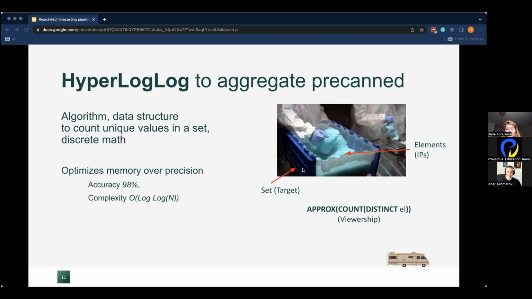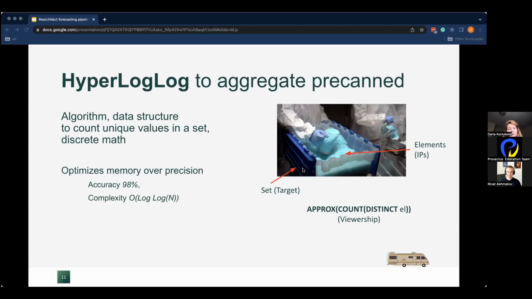The naive implementation here would be very memory consuming, because we need to memorize each element and keep them unique to count only unique visitors, IP addresses. But HyperLogLog's beautiful solution is based on the fact that we can use probabilistic data structures that are not 100% accurate, but still give us very good accuracy of 98%.